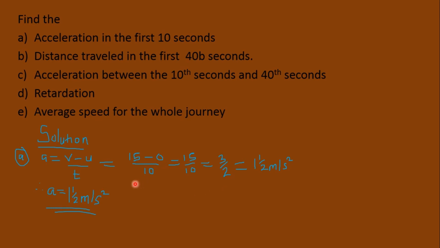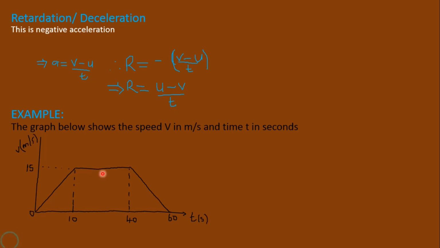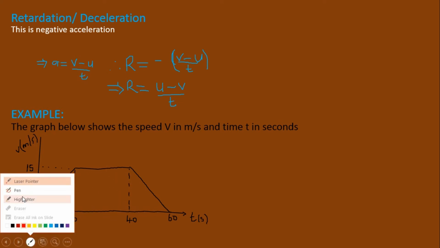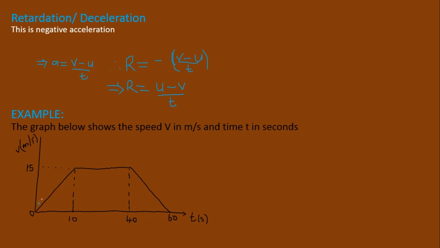So now we're finding the distance traveled in the first 40 seconds. If we check, it's from here up to where 40 seconds is. So it is this shape, and this shape is actually a trapezium.